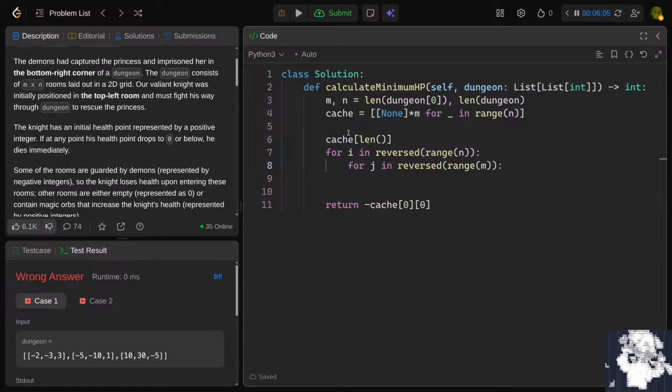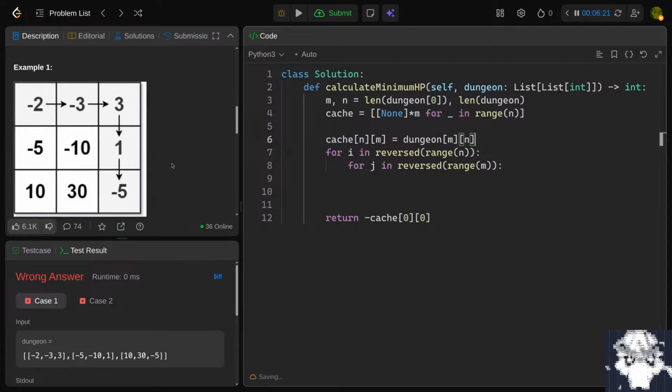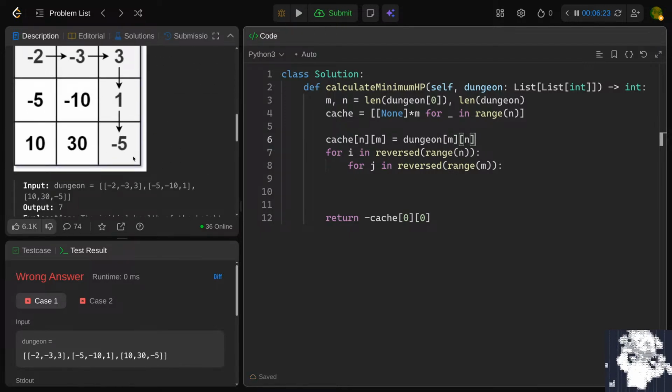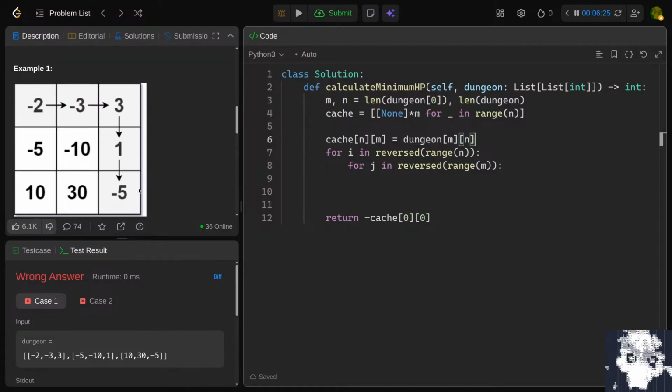Okay, easier to read. Oh, yes, the bottom right, so n m is going to be equal to dungeon of mn. So the value in the bottom right is the value of the dungeon at the bottom right.